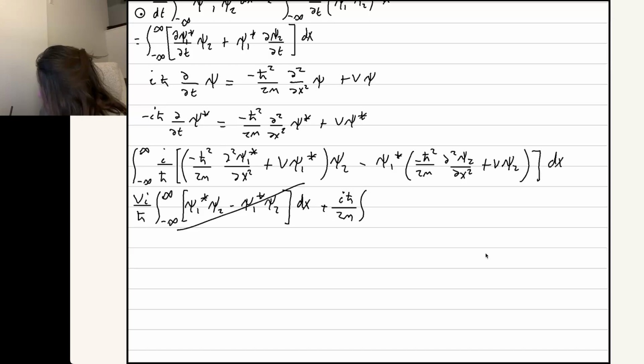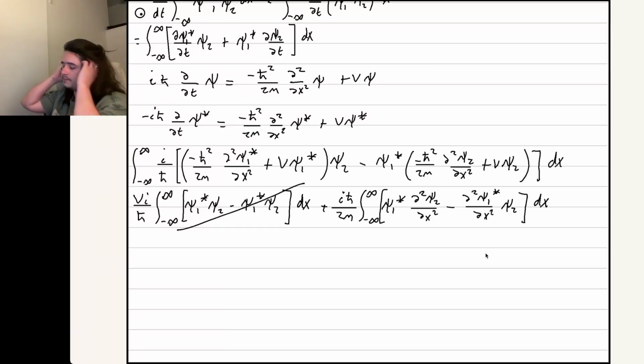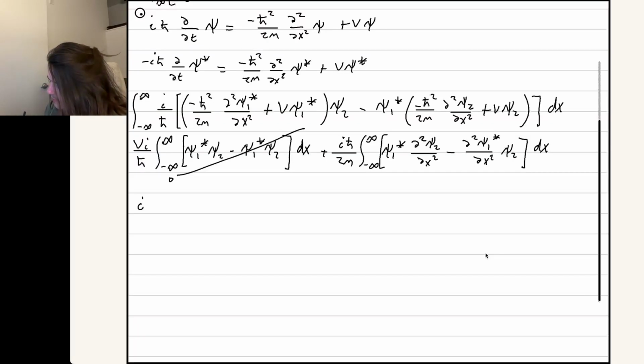That's going to be the integral of psi 1 star del squared psi 2 del x squared minus del squared psi 1 star del x squared psi 2, dx. Now that the other term is 0, I'm going to write this in a way that is more suggestive of what we're going to end up doing.